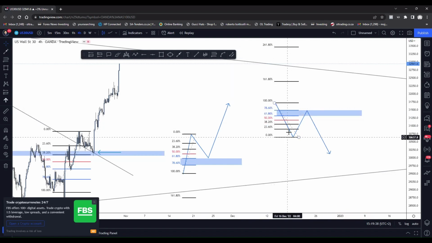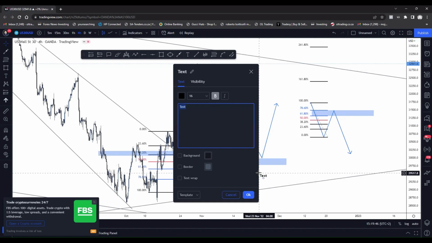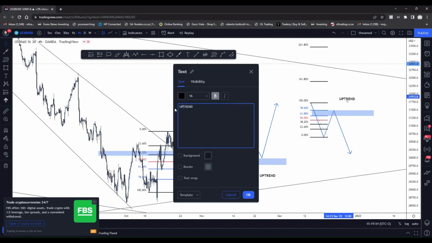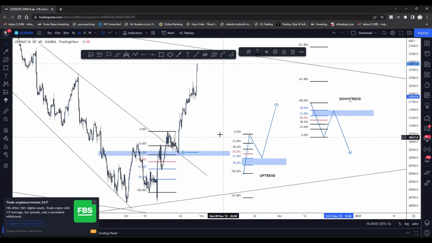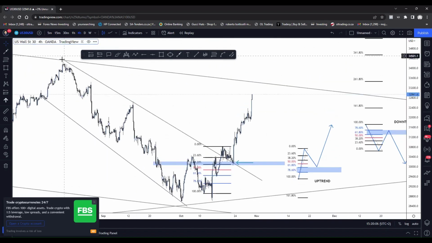You can see we are having this type. So this is a downtrend, this is an uptrend. Voila, perfect.